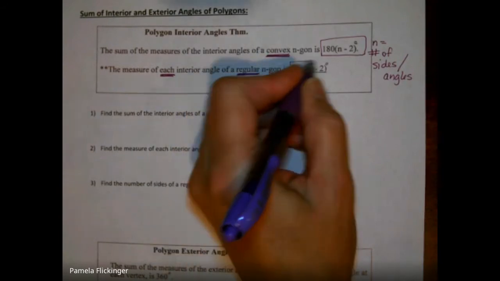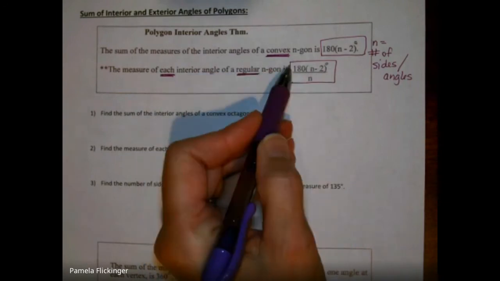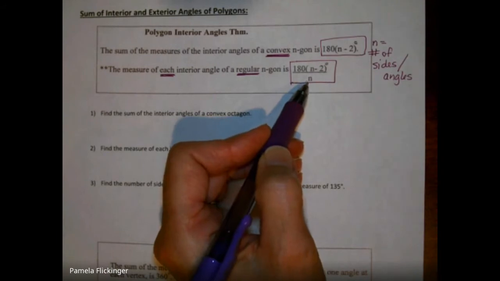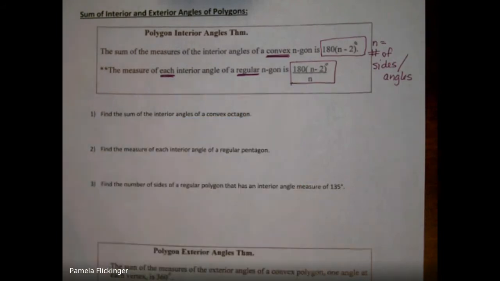So again, take the sum and divide by n, the number of angles or the number of sides. They will always be the same. The trick to these, as you read, is to find the key words. Are you being asked to find the sum, or each angle, or maybe each side?